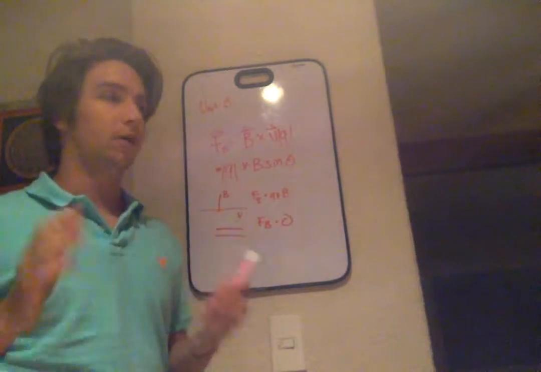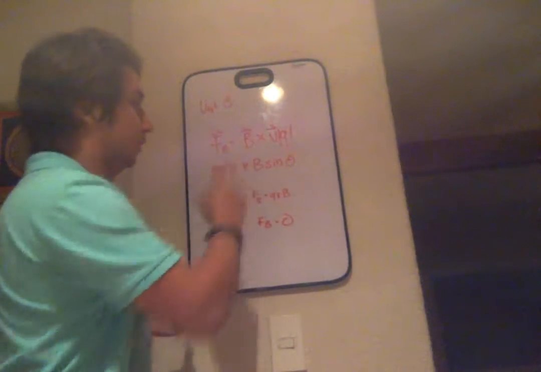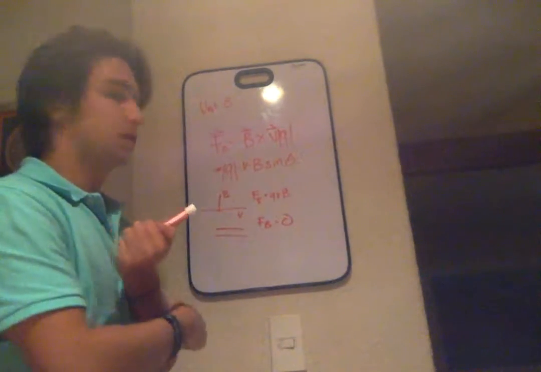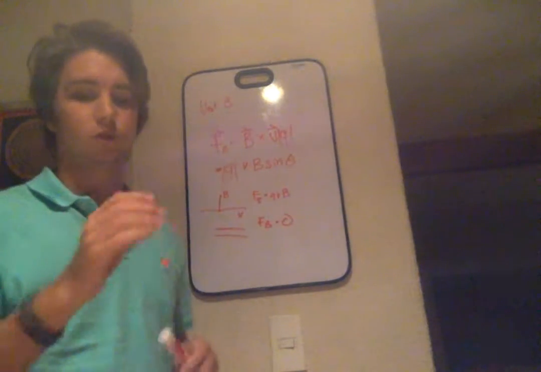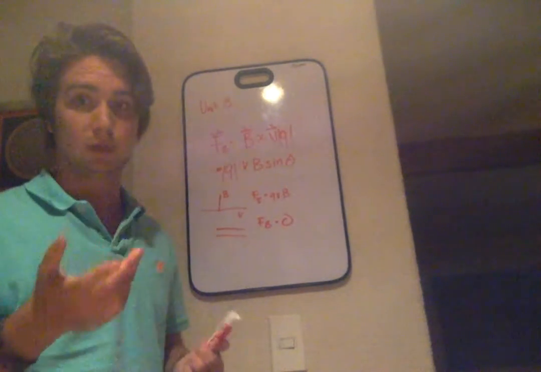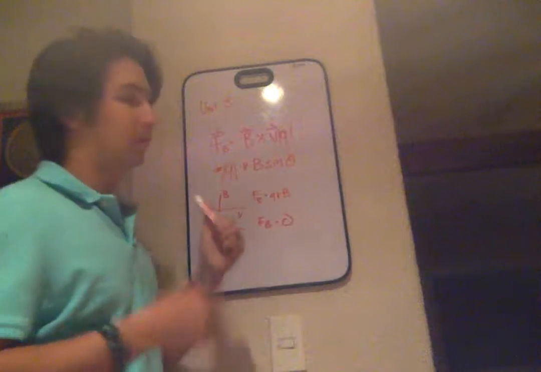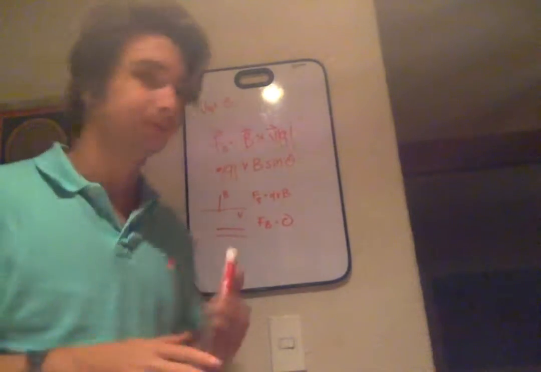And another thing that we can assume from that equation is that if we have a velocity equal to 0, so if the particle is not moving, then we have a magnetic force equal to 0 as well.